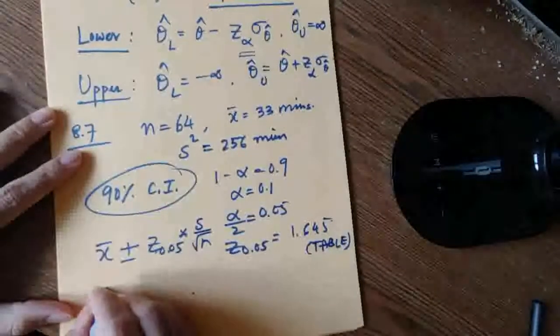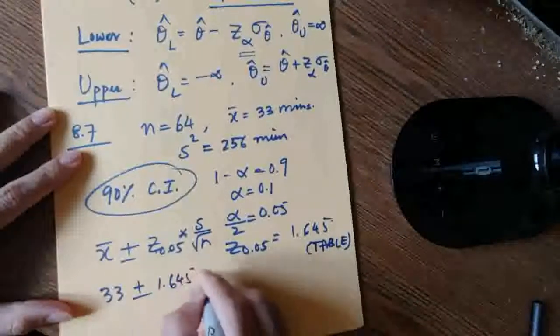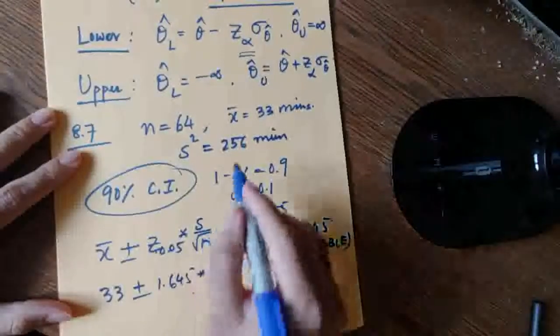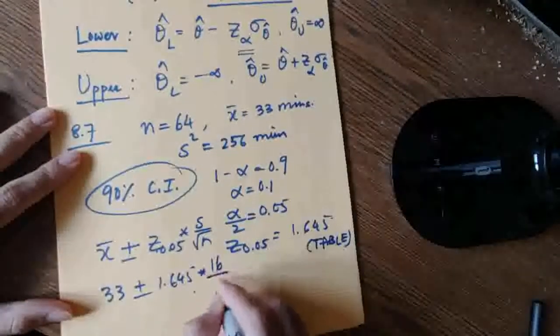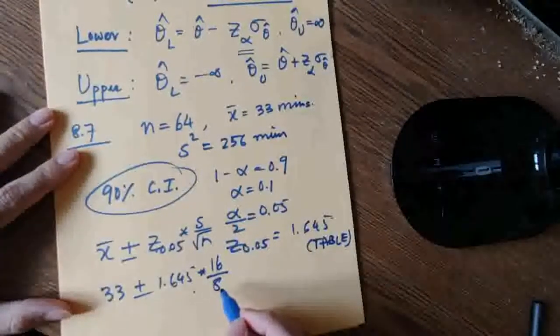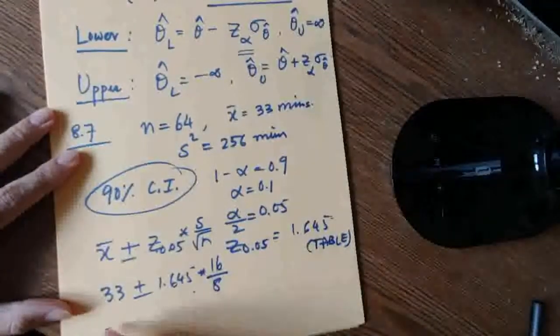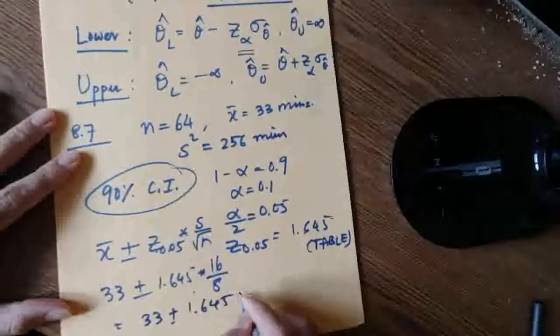So this is given as 33 plus or minus 1.645 times square root of 256, which is 16, divided by the square root of 64, which is 8. So it's 33 plus or minus 1.645 times 2.